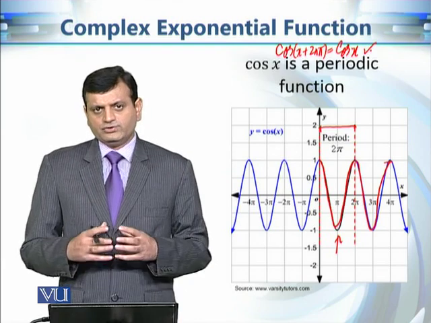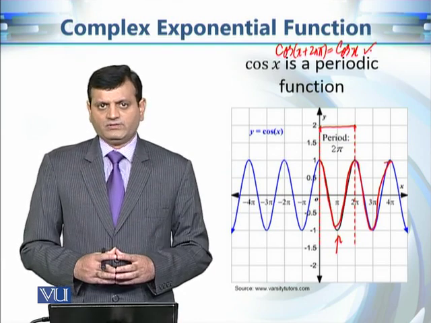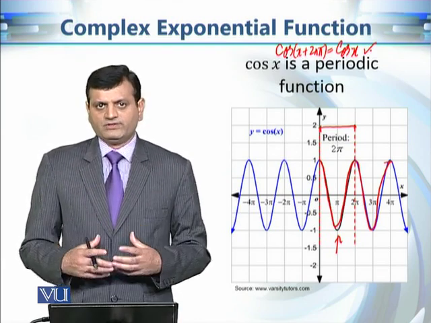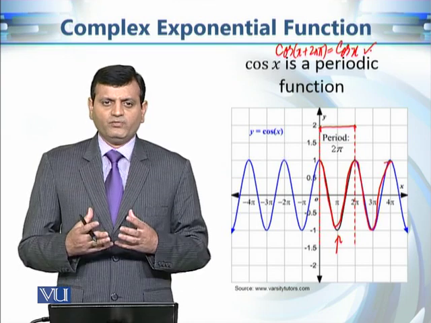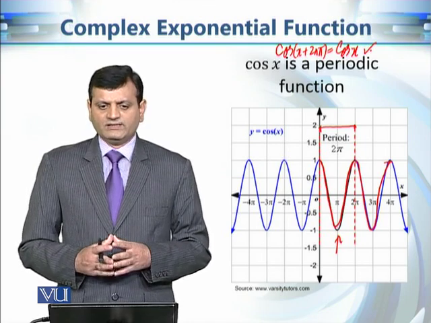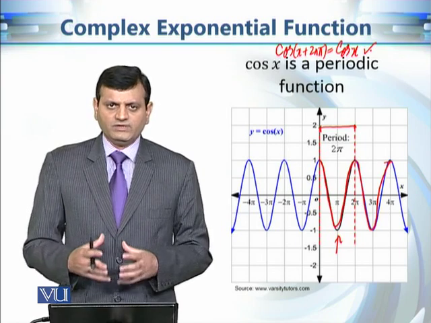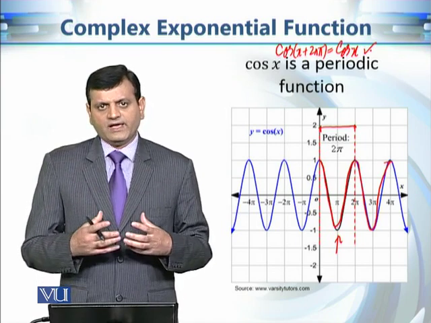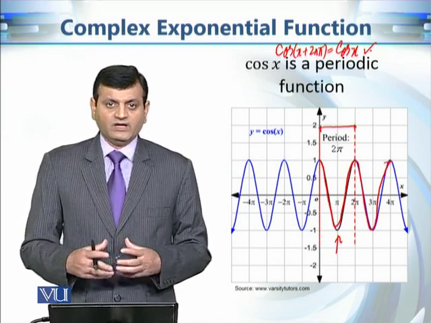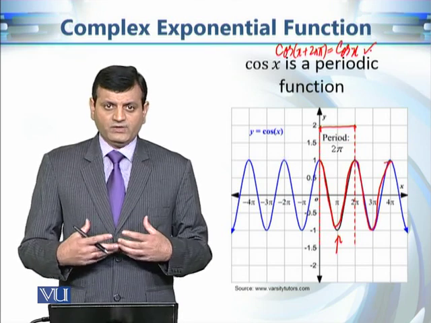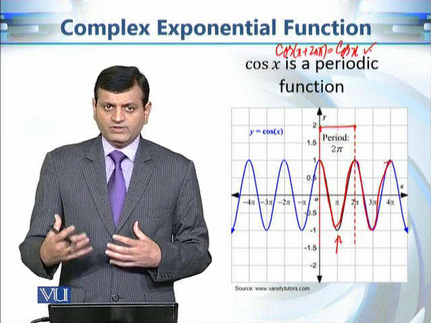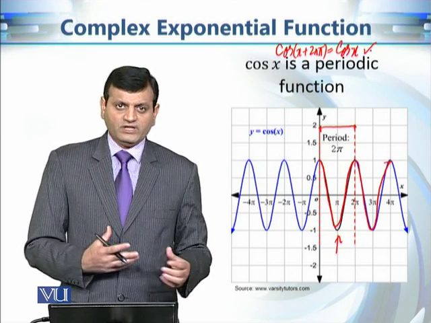Now we are going to use this information about these trigonometric functions to see what are going to be the consequences of these periods on the exponential function. What behavior will this information have on the exponential function?